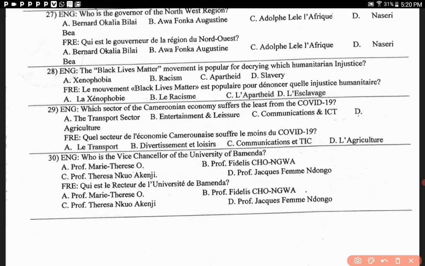Fuel, everything, you traveling from one town to another. Where will you see passengers again? People did not want to go and catch corona. Then entertainment and leisure. During that time, people were advised to stay in their houses. So when people were advised to stay at home, people were not coming out for entertainment, parties, birthdays, even weddings.